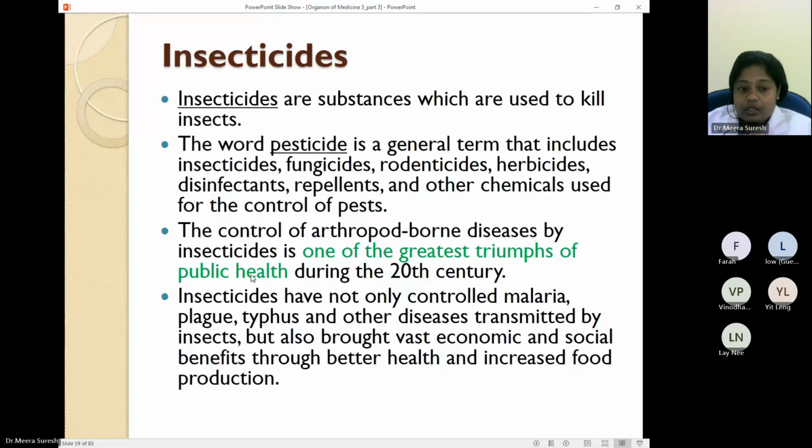Insecticides have not only controlled malaria, plague, typhus, and other diseases, but are also useful in other ways because they keep people healthy. Their lifespan is increasing.